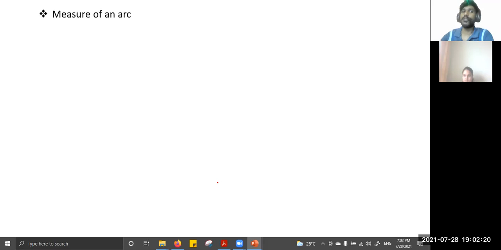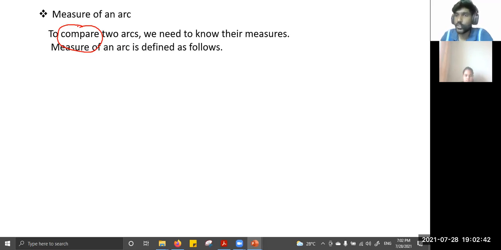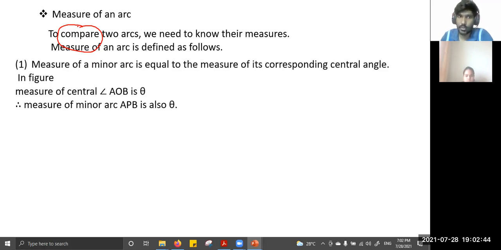Okay, next is the measure of an arc. How do you measure an arc? Now, to compare any two arcs, meaning which is greater and which is smaller, you need to know their measures. The measure of an arc is defined as follows.